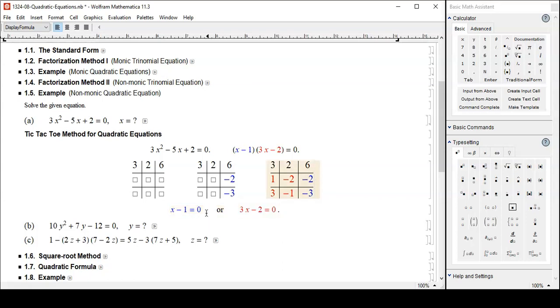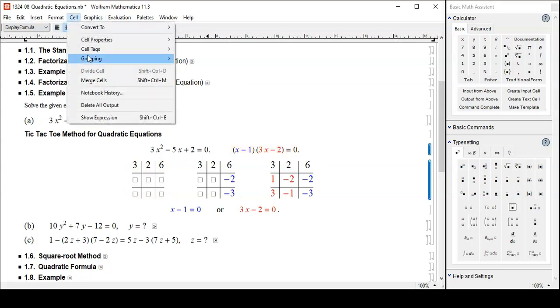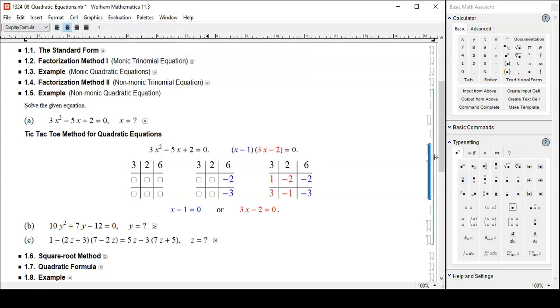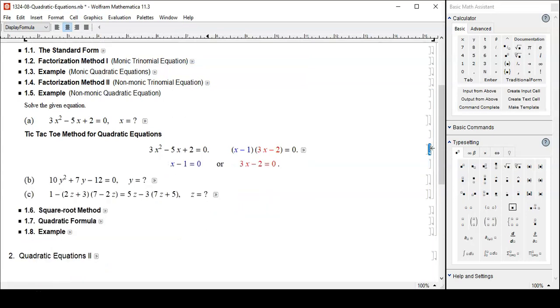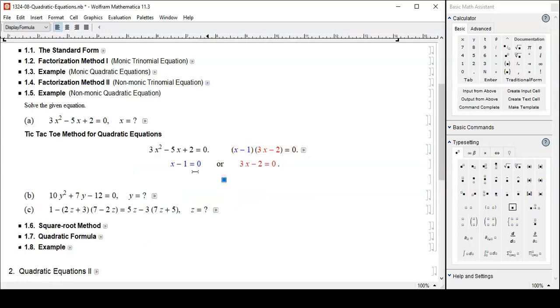And these blue and red do not have anything to do with these blue-red. I mean, these tic-tac-toe boards were used up to get this factorization, so we are not looking at this anymore. We used it up. From this factorization, we have blue, red, and blue is equal to 0 or red is equal to 0. So from the blue equation, we get x equal to 1.